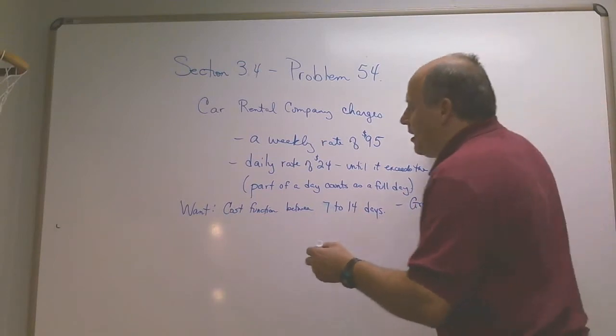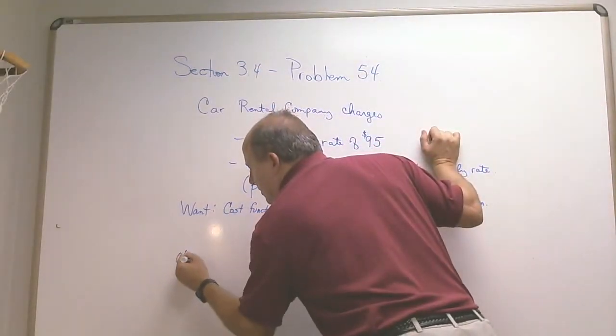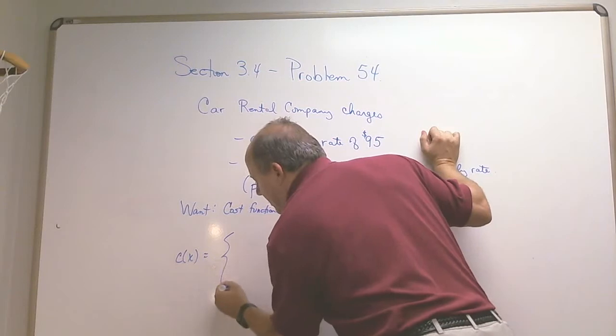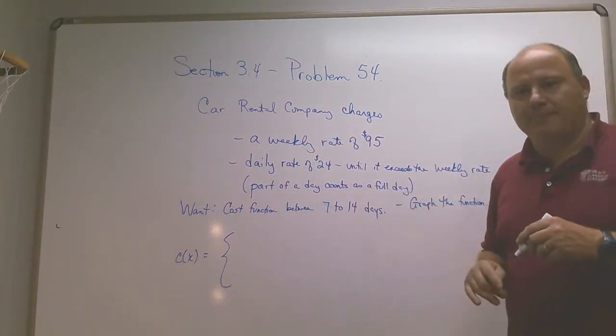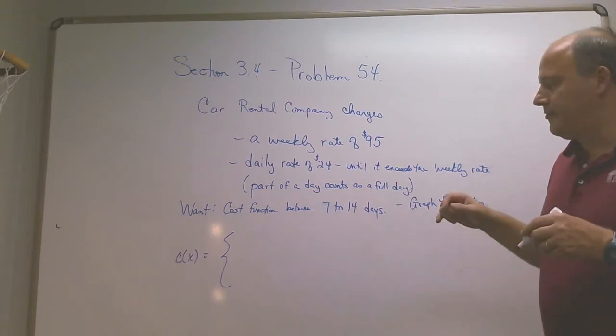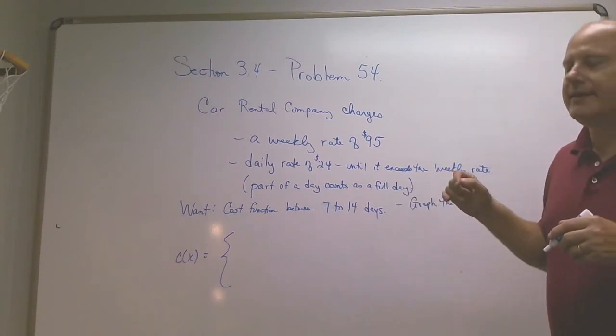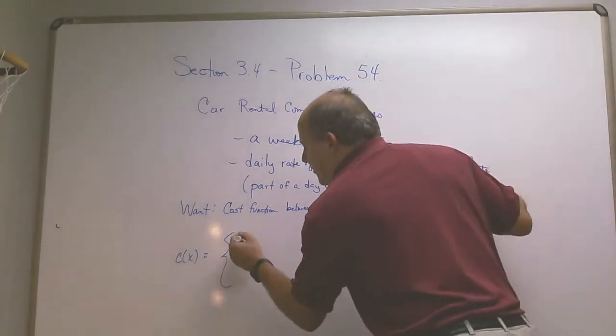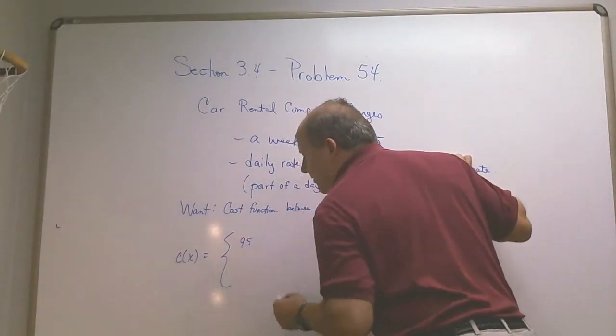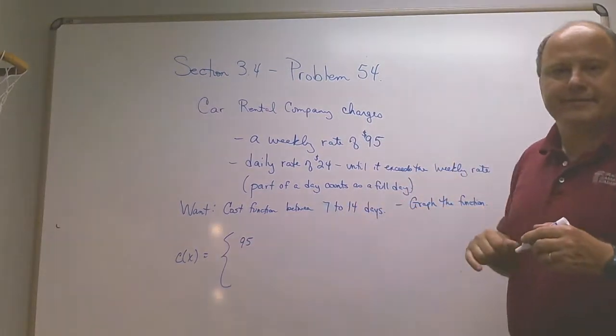So the cost function is going to be, okay, now remember, it's between 7 and 14 days. We don't care about what happens between the 1st day and the 6th day. We want just 7 to 14. Like I said, you're going to get charged $95 for that weekly rate for that 7th day.